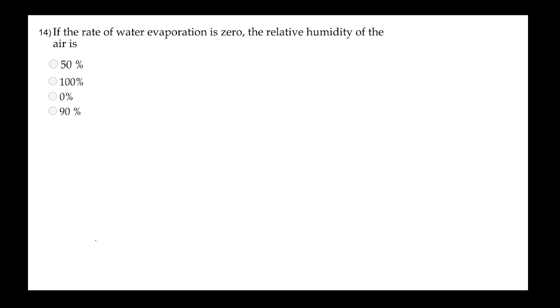What happens is, if you have air and it has some amount of water vapor, say for example its relative humidity is 15%, it can still accommodate 85% more.